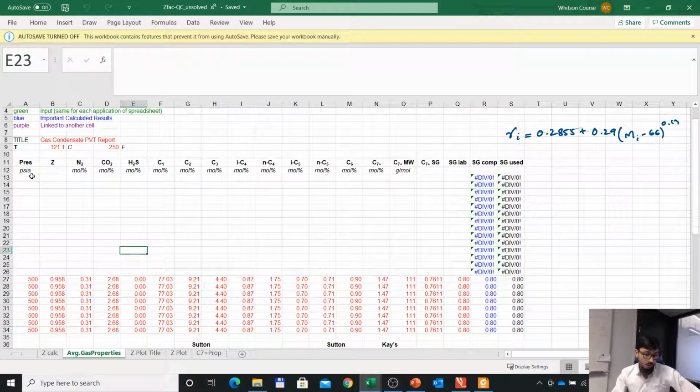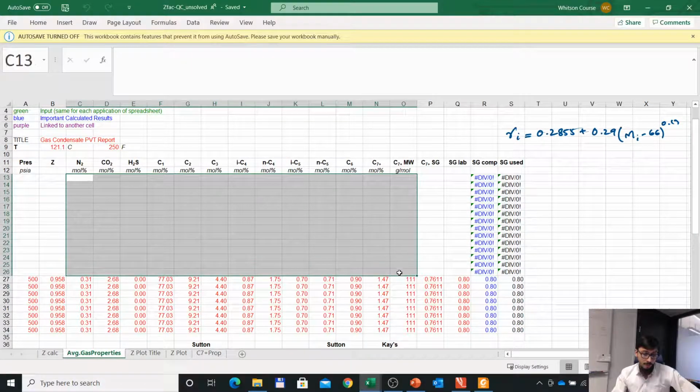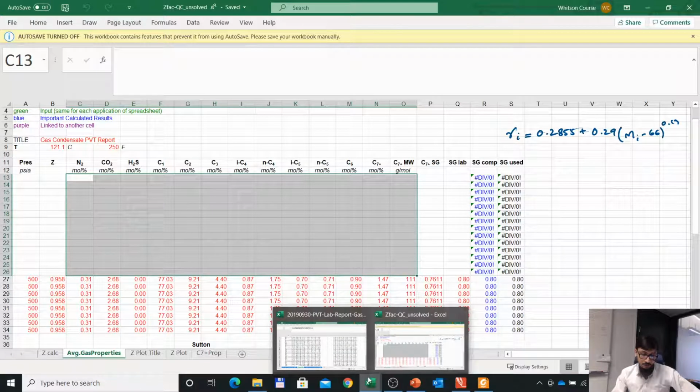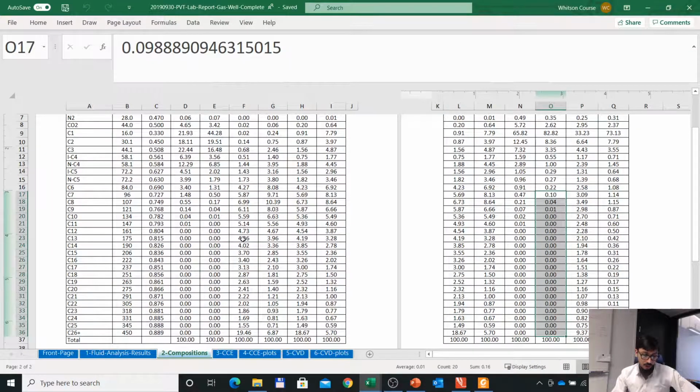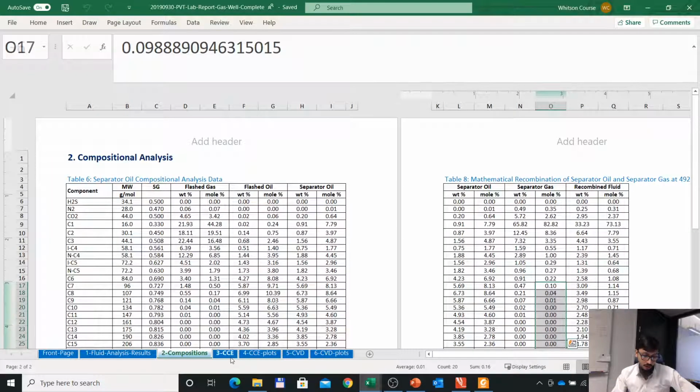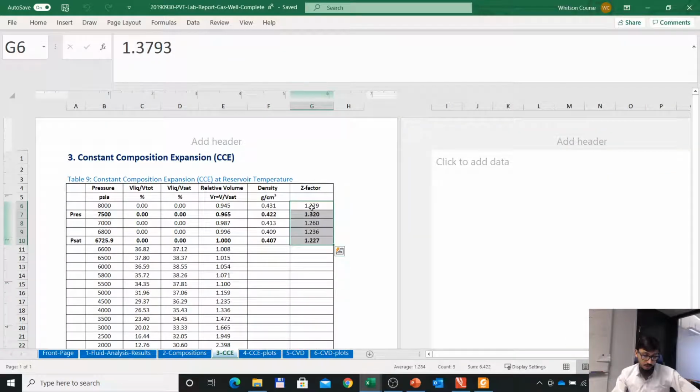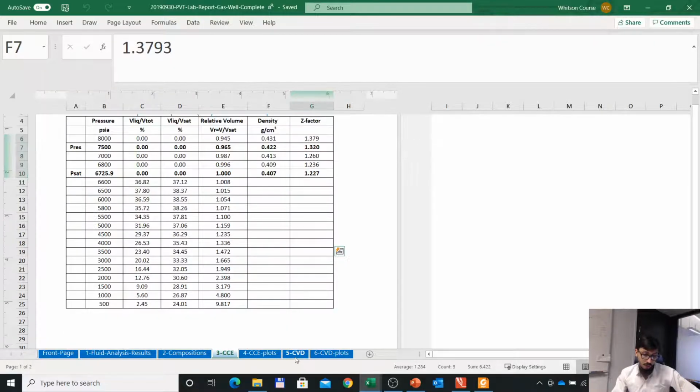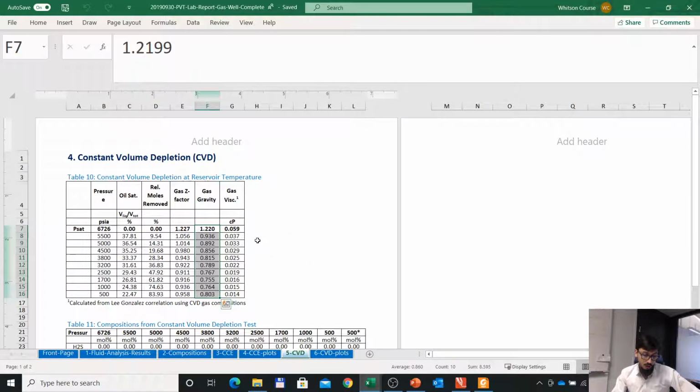What we'll be entering here is pressure versus the lab-reported Z factors and the associated gas compositions. For this we have the PVT report on the CVD on the gas condensate. This is our gas condensate PVT report, and we have the CCE experiment where we have the reported gas Z factors as a function of pressure, and we also have the CVD gas Z factors as a function of pressure.